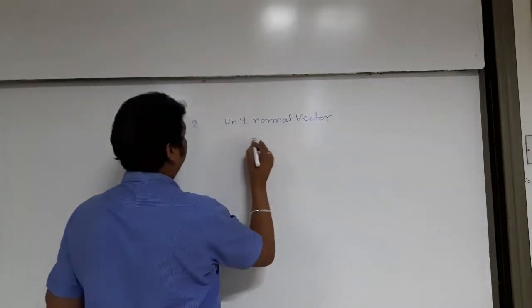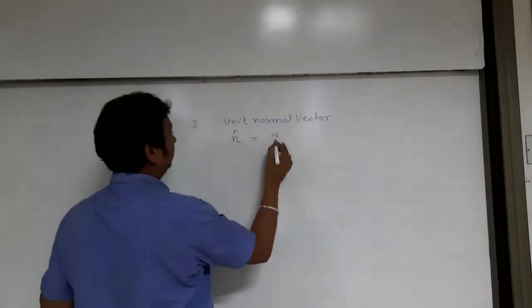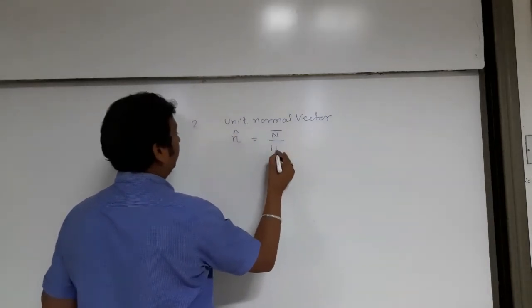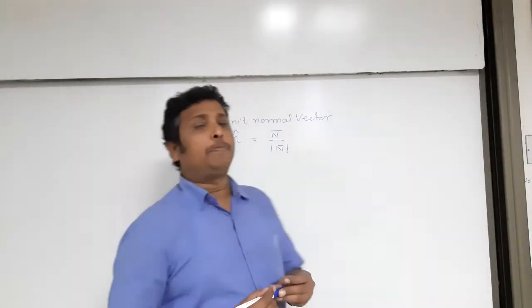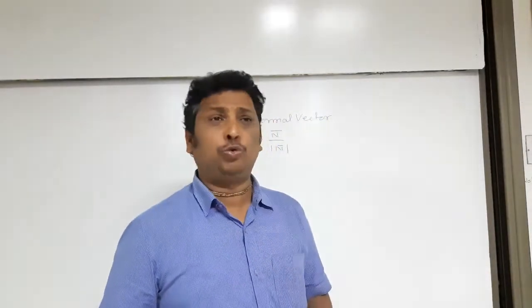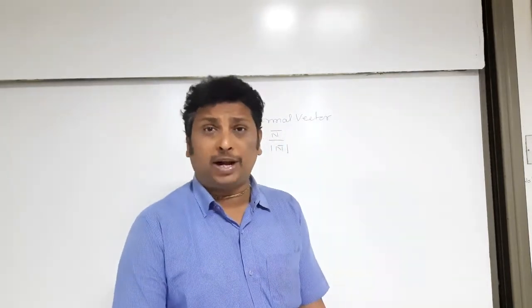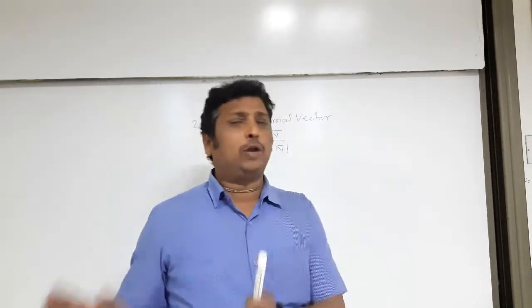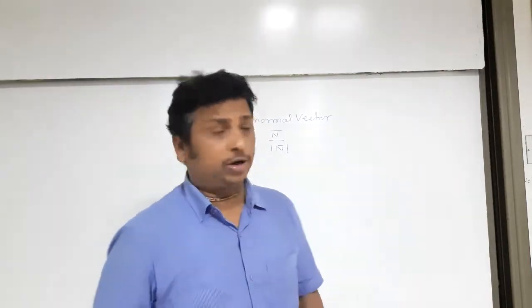You know very well, the unit normal vector we denote by n cap, which is n vector upon mod n. Already we know the n vector, divide it by its modulus, and that is called the unit normal vector. So how do we calculate the unit normal vector on a given surface? Just calculate its normal vector, meaning the gradient, and then divide by its modulus.